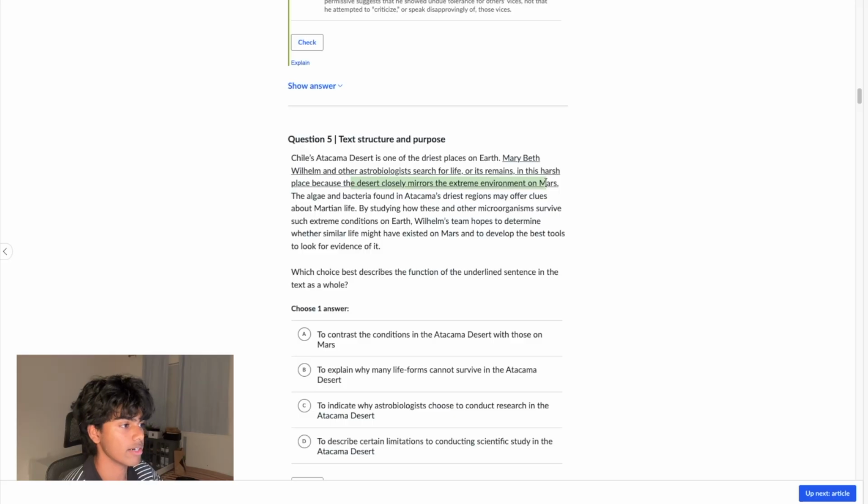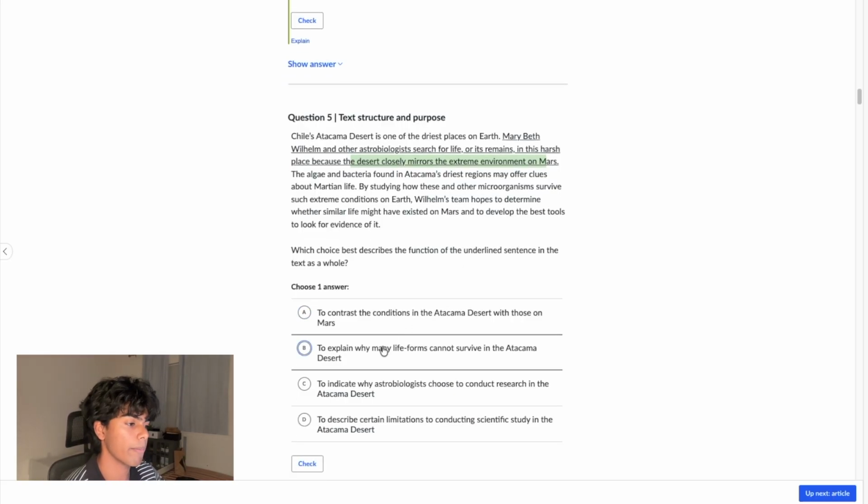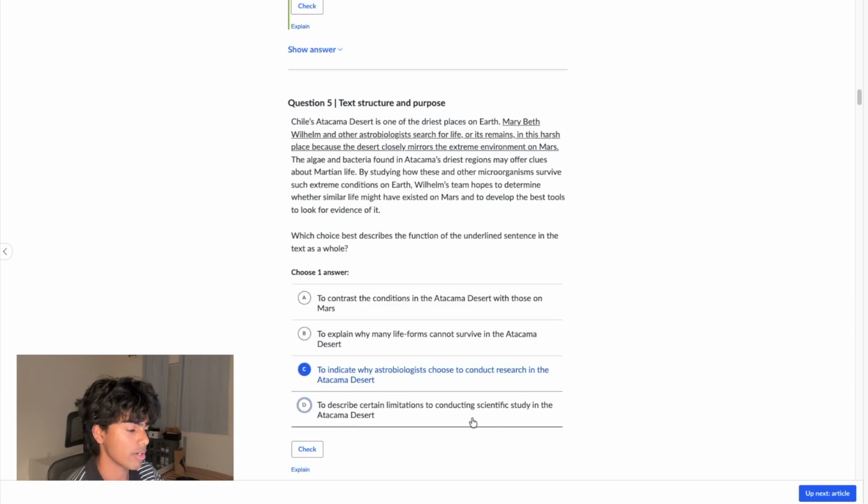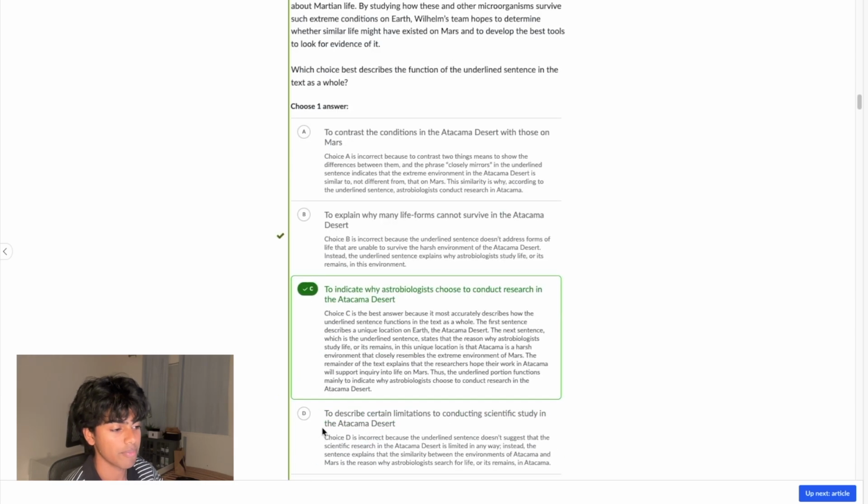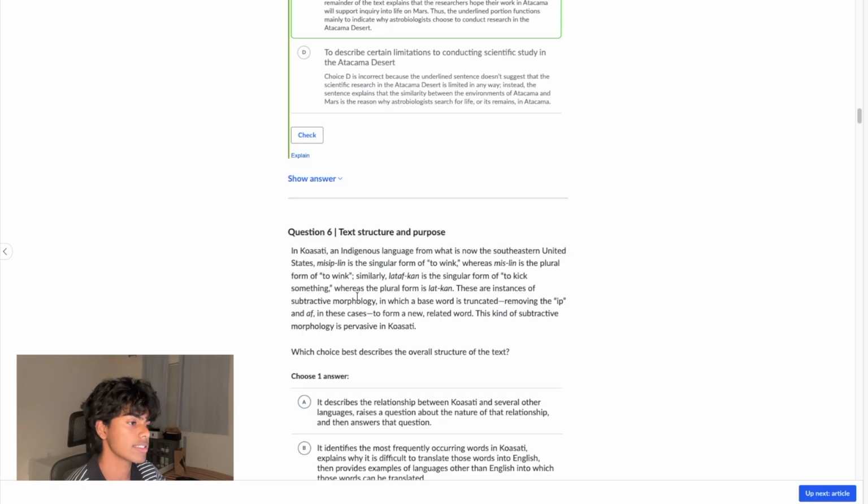It just says that they resemble, which is actually not contrast, it's more compare. To explain why many life forms cannot survive in the ant. That doesn't really explain. It just says it's harsh. To indicate why they chose to construct it there. Now this makes a lot of sense because that's a why. And then to describe certain limitations, not really. So it's C.